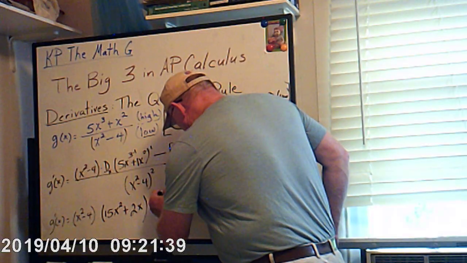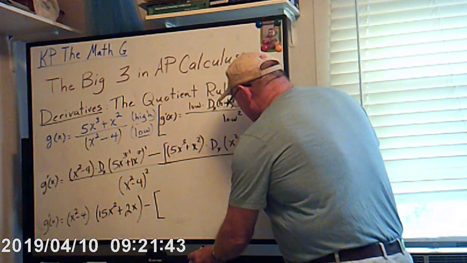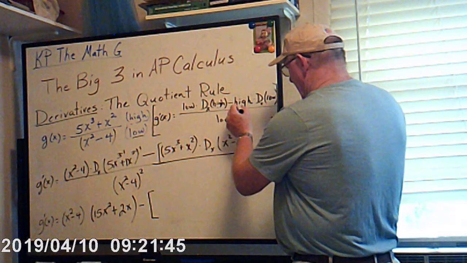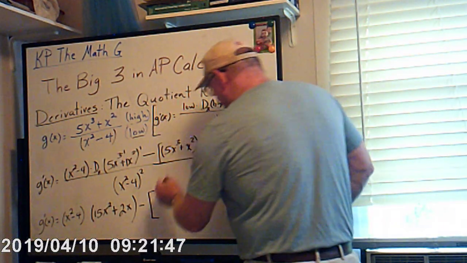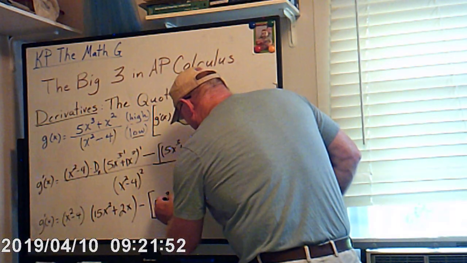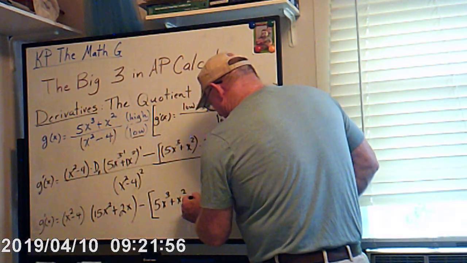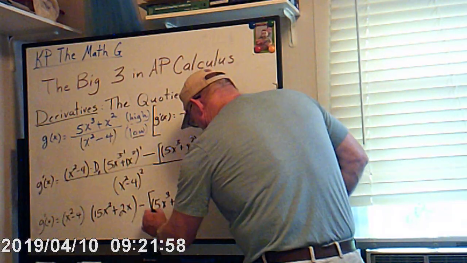Minus high. So high is this one, 5x cubed plus x squared. Put that in parentheses.